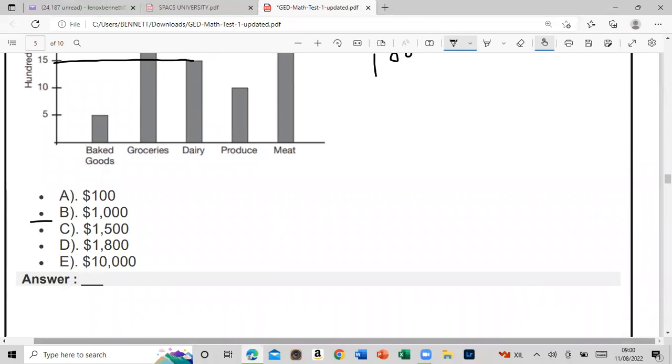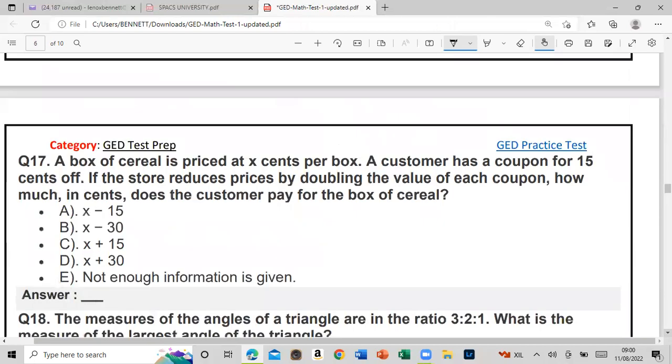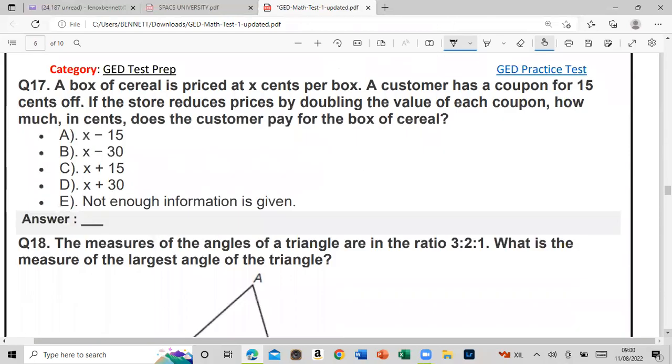Nice question. Alright, let's move on to 17. A box of cereal is priced at X cents per box. A customer has a coupon for 15 cents off. If the store reduces the price by doubling the value of each coupon, so you double the coupon, right?